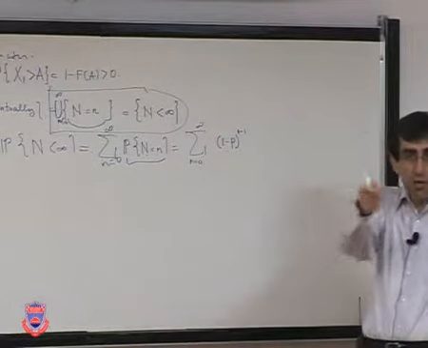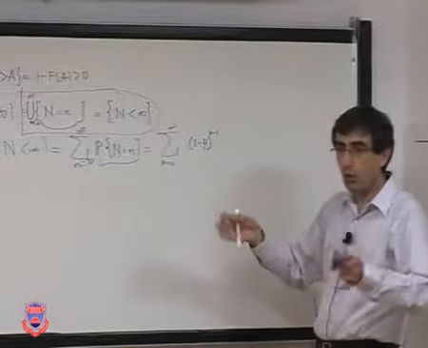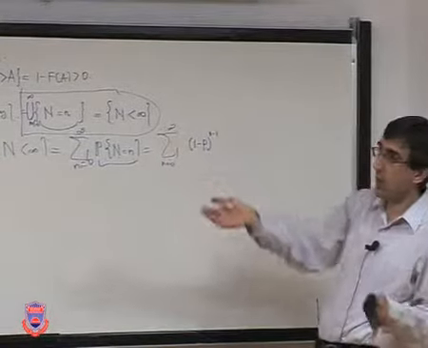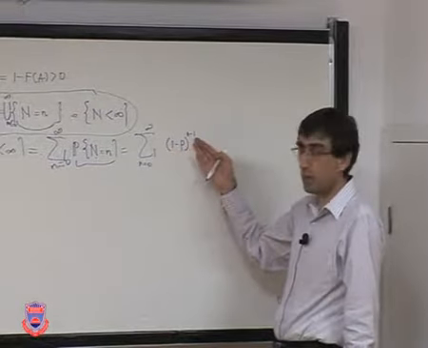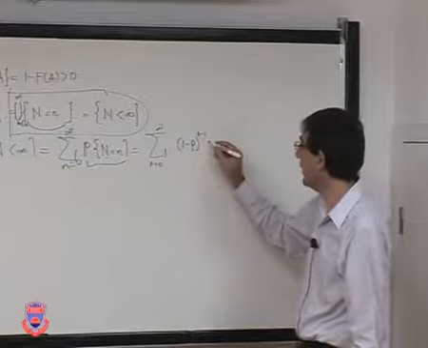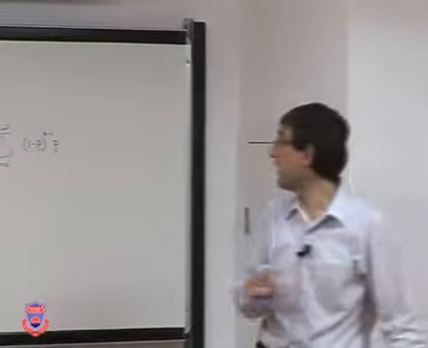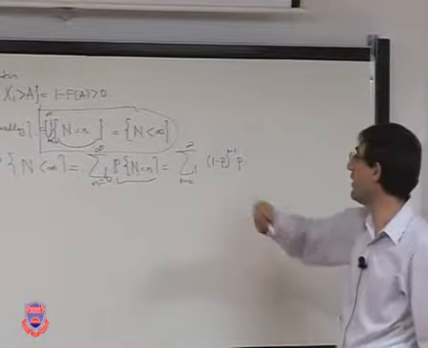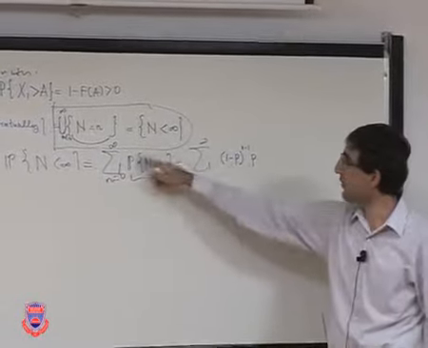P is success, 1 minus P is failure. These are all Bernoulli trials which are independent of each other, so you take 1 minus P and multiply it with itself n minus 1 times. So this is the probability of having n minus 1 failures, and then the first success coming right on the nth trial with probability p. So now this formula takes care of that.